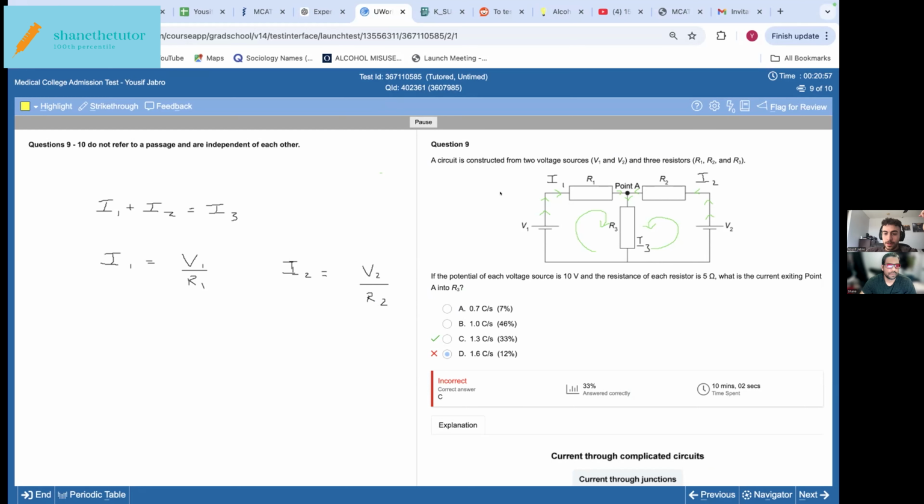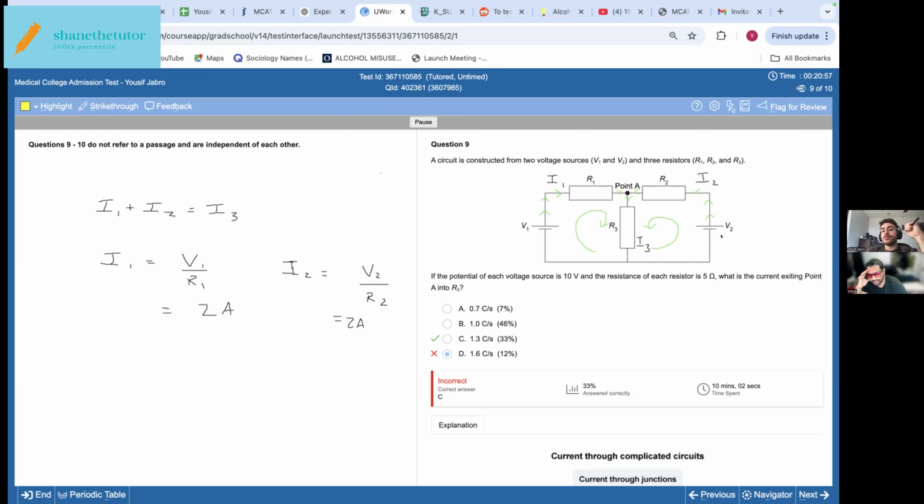These will both be 2 amps, but that wouldn't work because then I would have 4 amps, which obviously won't work.